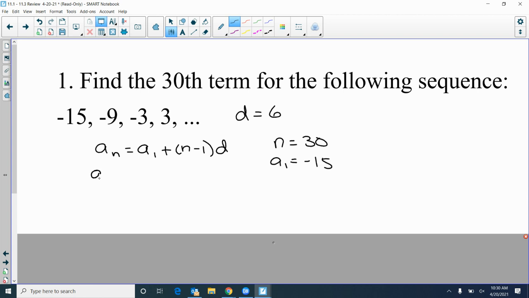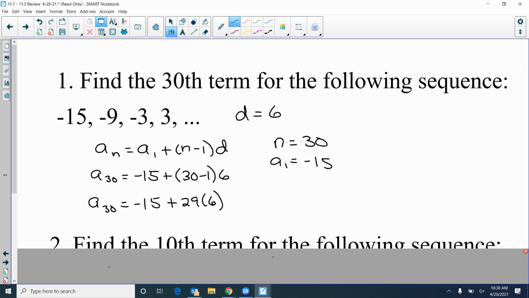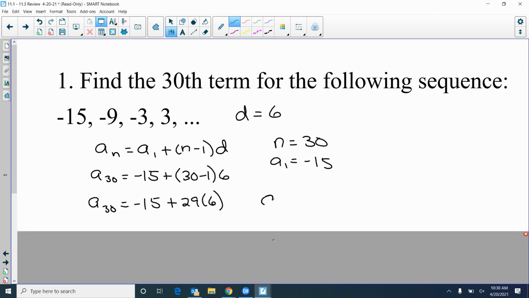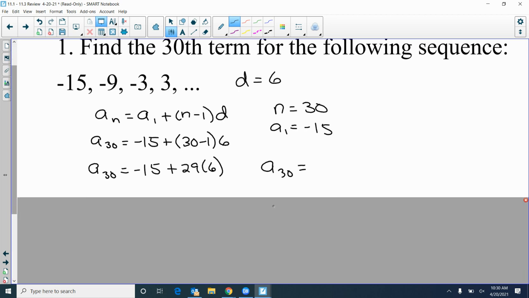So the 30th term, A sub 30, equals the first term, negative 15, plus n minus 1, which is 30 minus 1, times 6. Now, 30 minus 1 is 29, so you take 29 times 6 and then add negative 15.